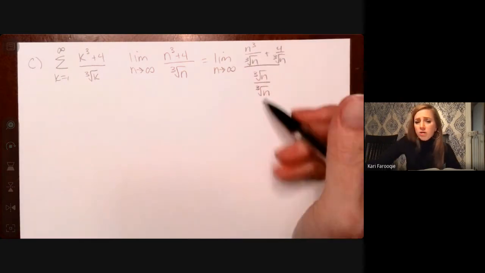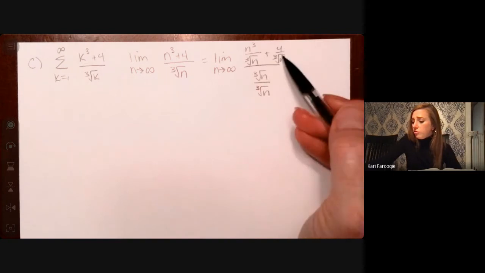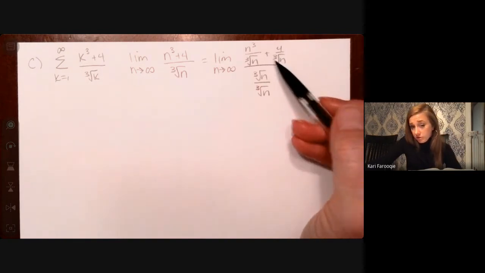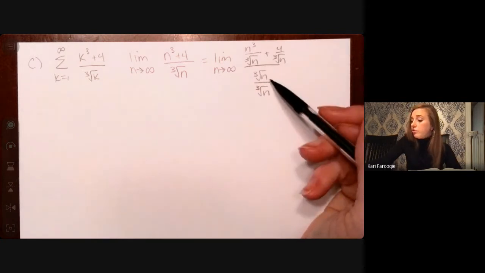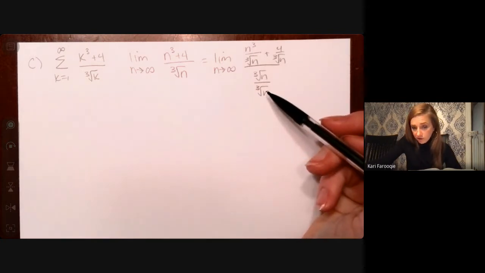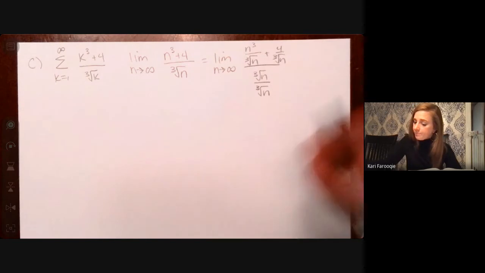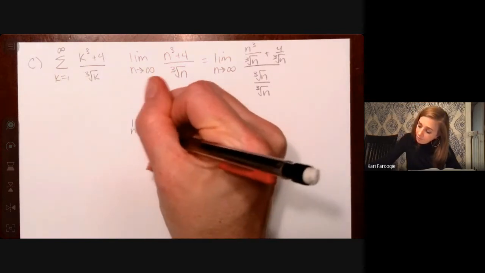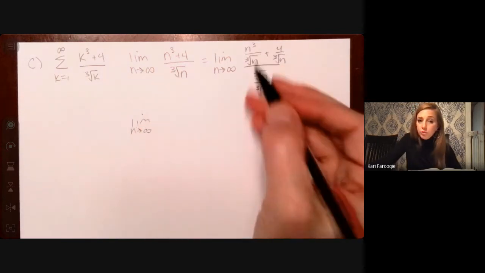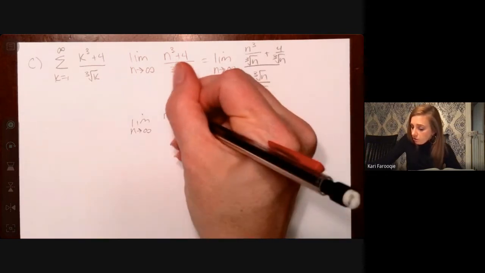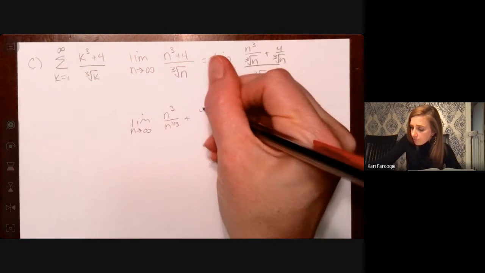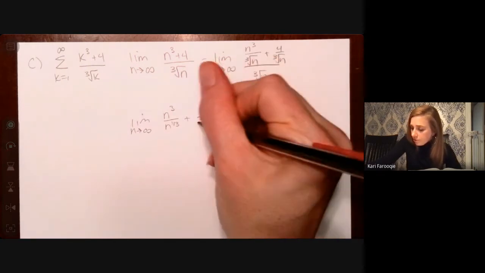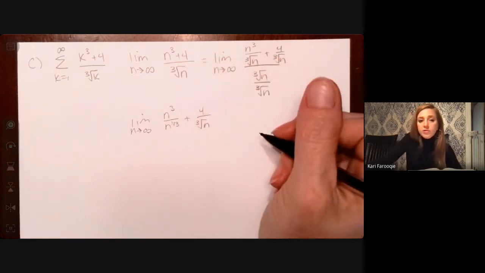And part of the point of this is just to get those variables into the denominator so that you can hopefully get some terms to zero out. Now notice in the numerator, when you divided that quantity by itself, you just get 1. In the numerator now, we have n cubed divided by n to the 1/3 plus 4 divided by, well, you can leave it as cube root n in that case.